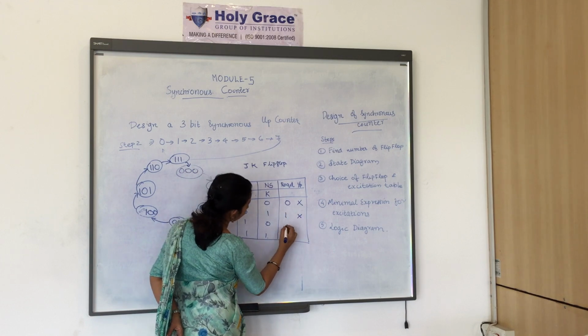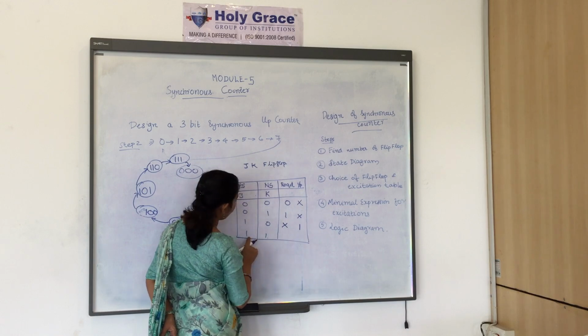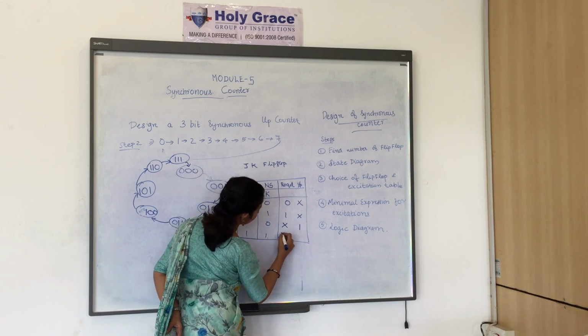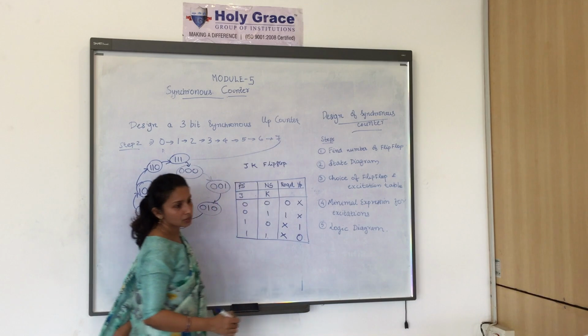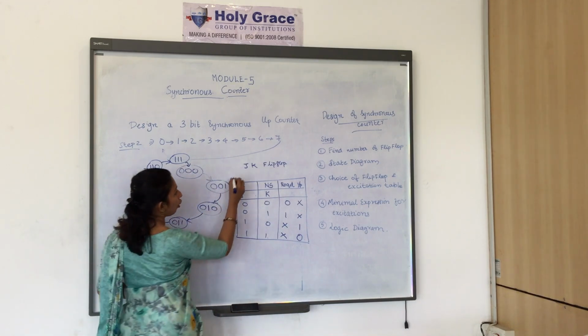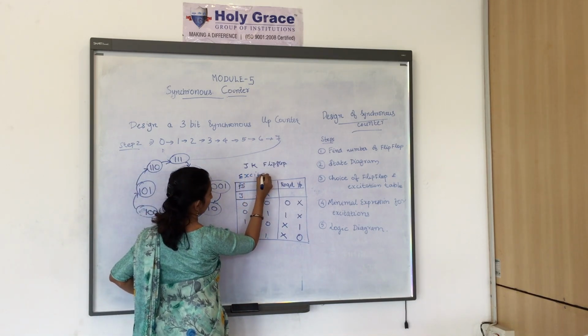For 1, 0, it is x, 1. For 1, 1, it is x, 0. So this is the excitation table of a JK flip-flop.